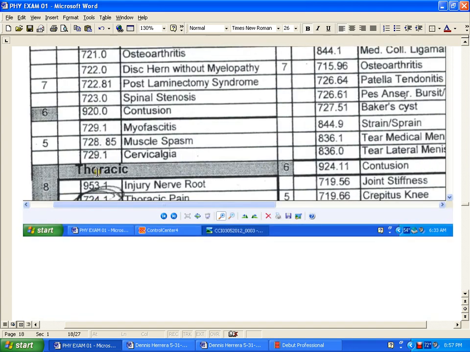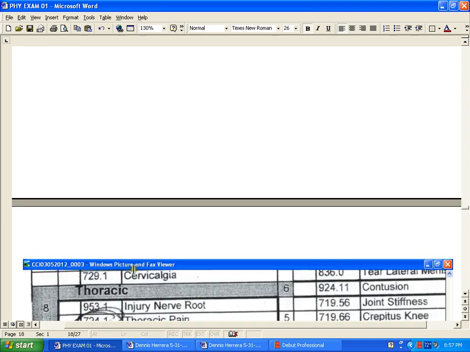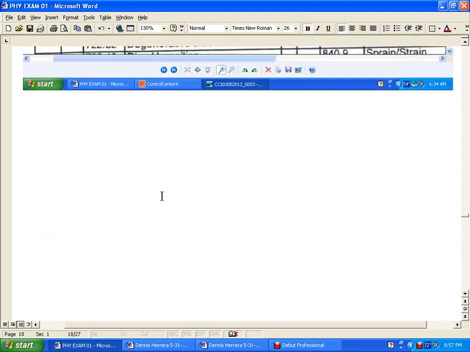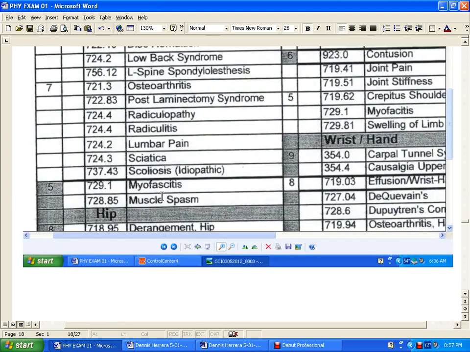And the next one would be the thoracic, and you would just put 724.1 thoracic pain. And that would be the end of the diagnosis.